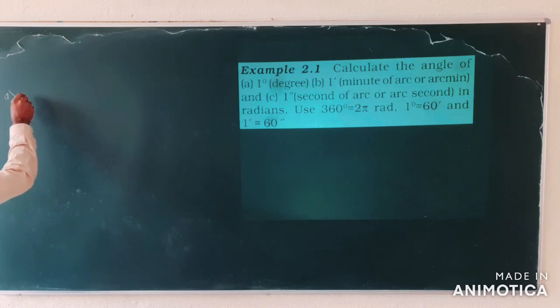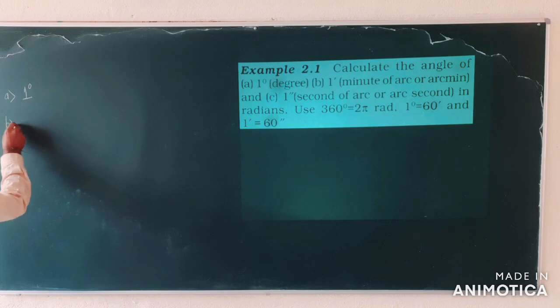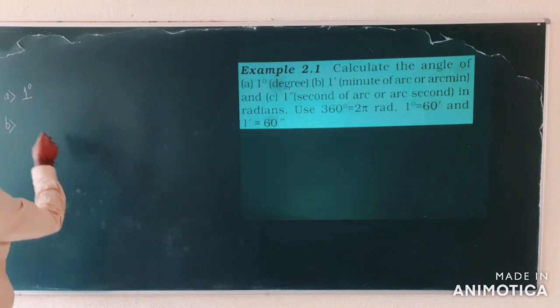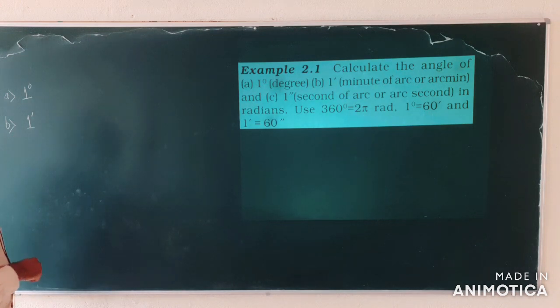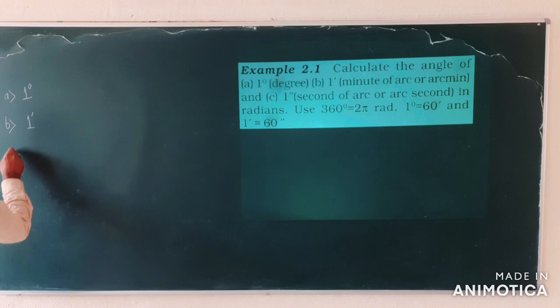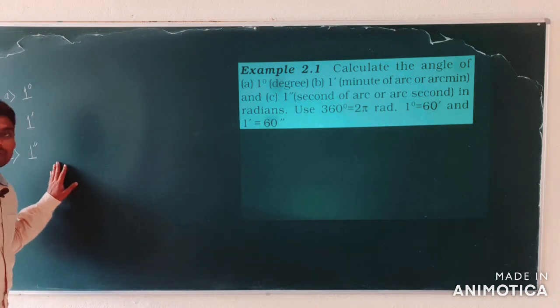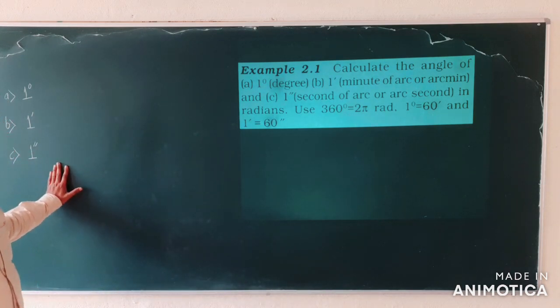The first quantity is 1 degree. The second quantity is 1 minute, which is also called arc minute or minute of an arc. And third is 1 second, which is called second of an arc or arc second.